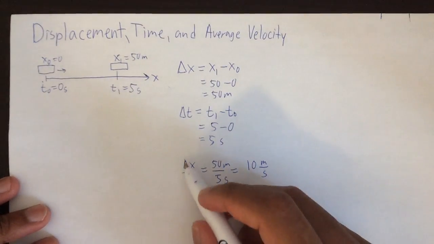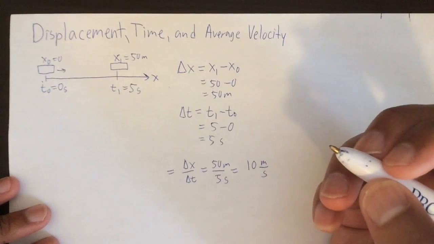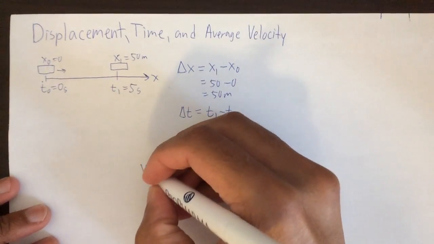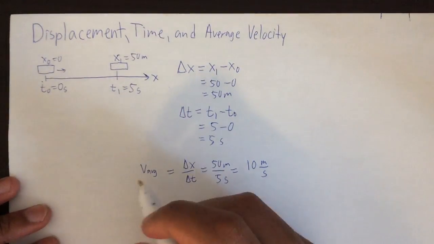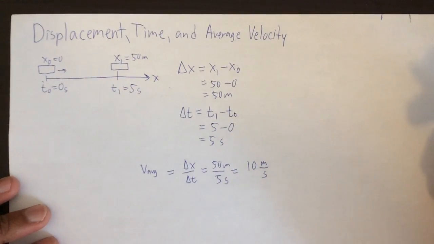And so this quantity here, delta x over delta t, is equal to the average velocity. So the average velocity for this process was 10 meters per second. So we have that down right now.